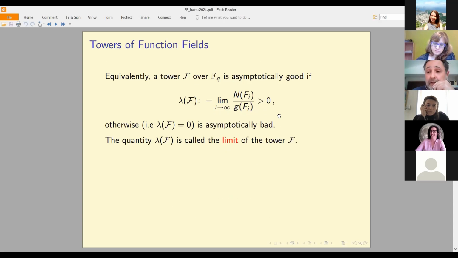So this is the limit of the tower, and that's the main interest in towers. You want to have a lot of good towers over any finite field.